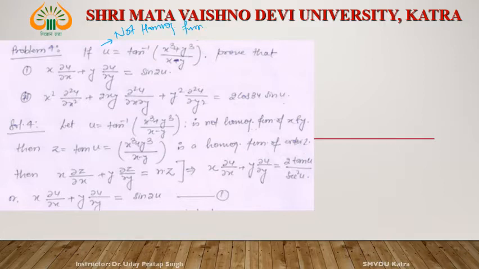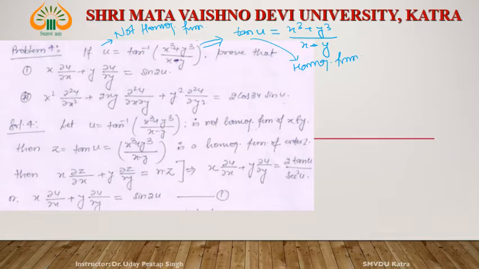Then what do we have to do? Convert this as follows: tan u is equal to (x³ + y³)/(x - y). This tan u is a homogeneous function.